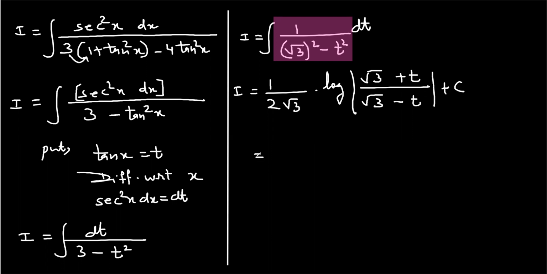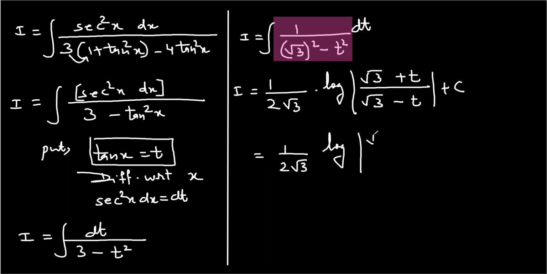And then I will substitute what t was. T was tan x. You can check. So I have 1 over 2 root 3 log of root 3 plus tan x, divided by root 3 minus tan x, plus c. This is it.